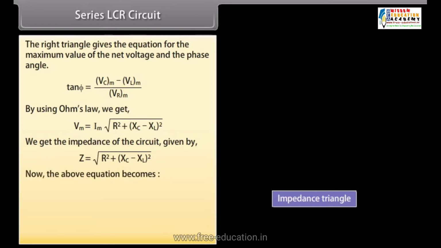Now, the above equation becomes Vm is equal to product of Im and Z. We can also write this equation as Im is equal to Vm upon Z, or Irms is equal to Vrms upon Z.